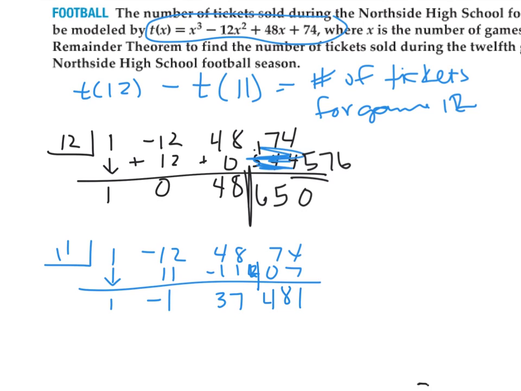Okay, so I'm going to add those columns, and I get 481. That's my remainder for 11, which is the output that I would get if I put 11 into the function.